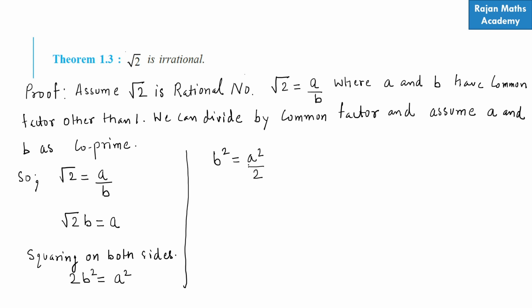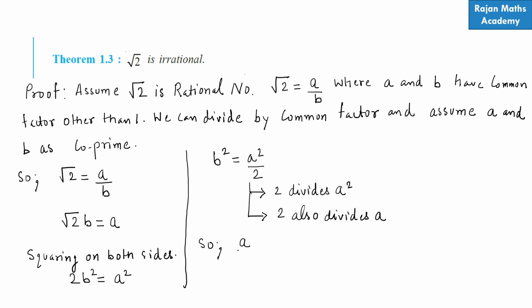As b is an integer, it means 2 divides a square, and in Theorem 1.2 we understood if p divides a square, then p also divides a. So 2 also divides a.